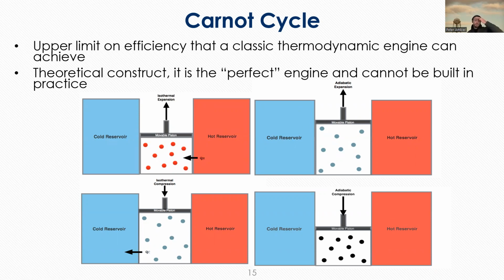What's happening here is that you have a hot reservoir and a cold reservoir, and the thing you're exploiting is the movement of heat from hot to cold, and you're doing it in such a way that you are losing the least amount of energy possible. The hot reservoir puts heat into your central system, which then through isothermal expansion moves your piston upwards.